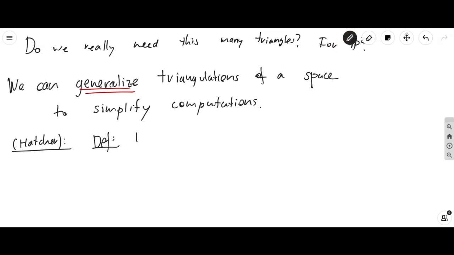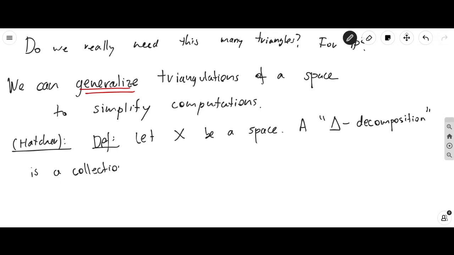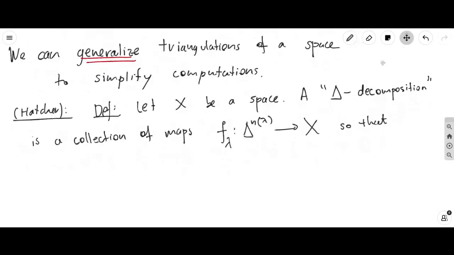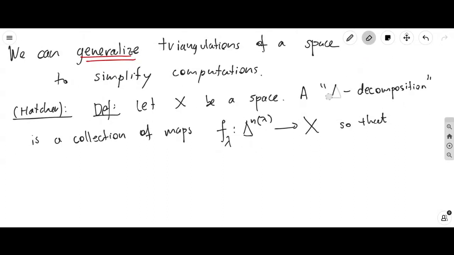This is the definition. Let X be a space. A delta decomposition is a collection of maps F lambda from a geometric simplex into your space, so that now with a triangulation, we want these to be homeomorphisms.